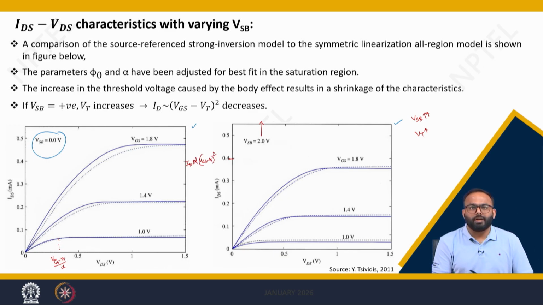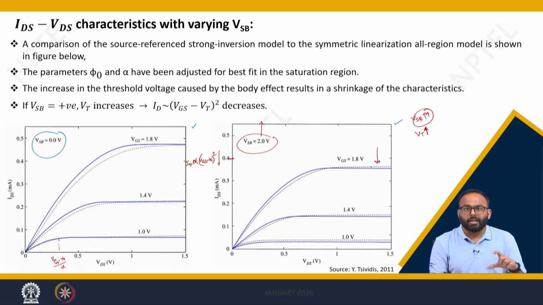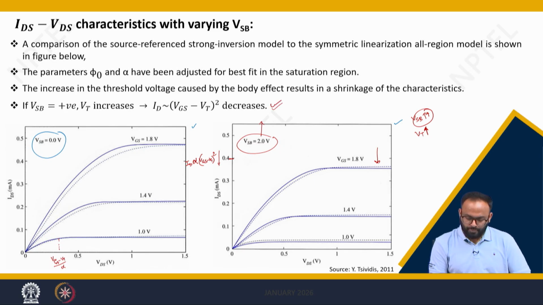This is the approximate value of current, and hence if threshold voltage increases by increasing VSB, then this factor will decrease and the current decreases. That is what you can see. If source to body voltage is higher, it is actually affecting the current. So you can see the graph shrinks for this reason.